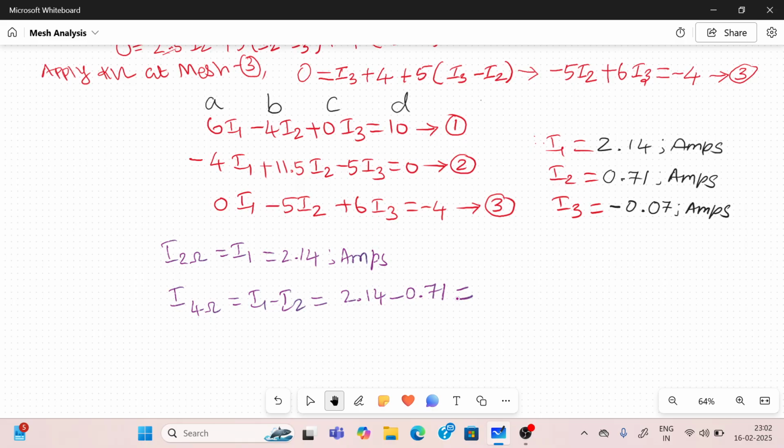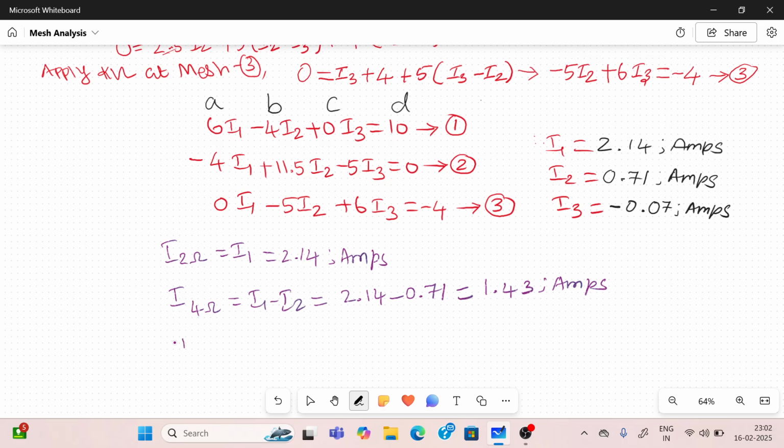What is the answer? The current is 1.43 amps.